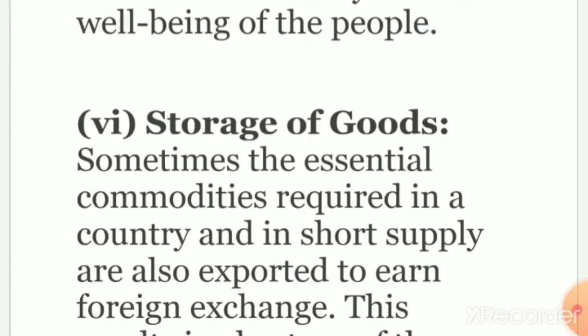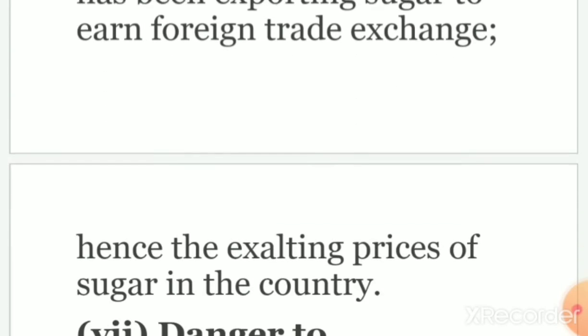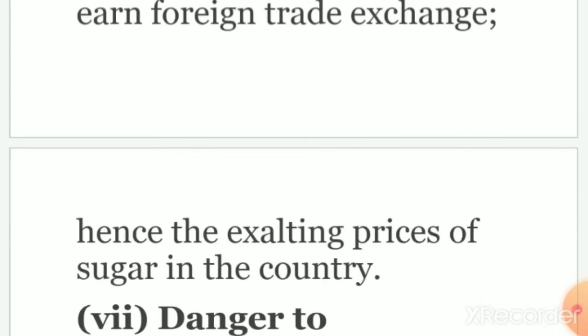Inflation takes place, prices rise. The common man, in a poor country like India where 80% of people have very low income, faces serious consequences. In that case, international trade becomes a negative factor, having a negative effect on the domestic economy. So storage of goods is happening through international trade.